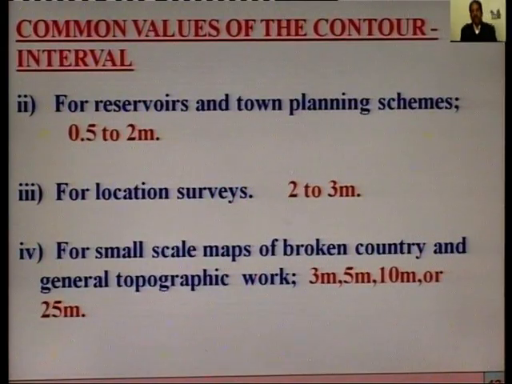For reservoir and town planning schemes, it is from 0.5 meter to 2 meters, and for location surveys, it is from 2 meters to 3 meters. For small scale maps of broken country and general topographic work, we can have contour interval as 3 meters, 5 meters, 10 meters or 25 meters.